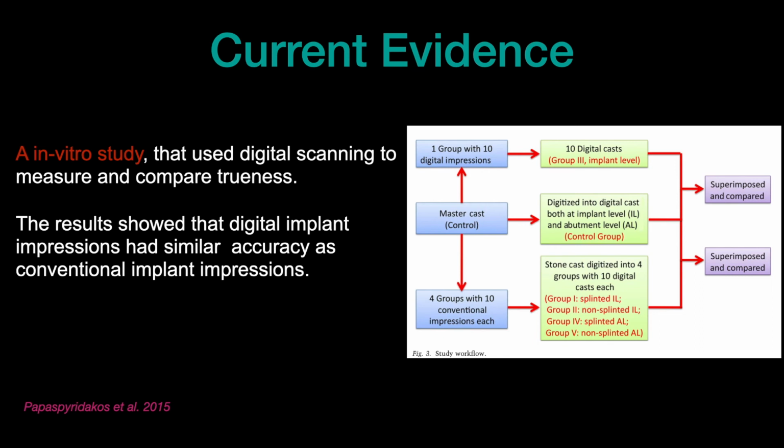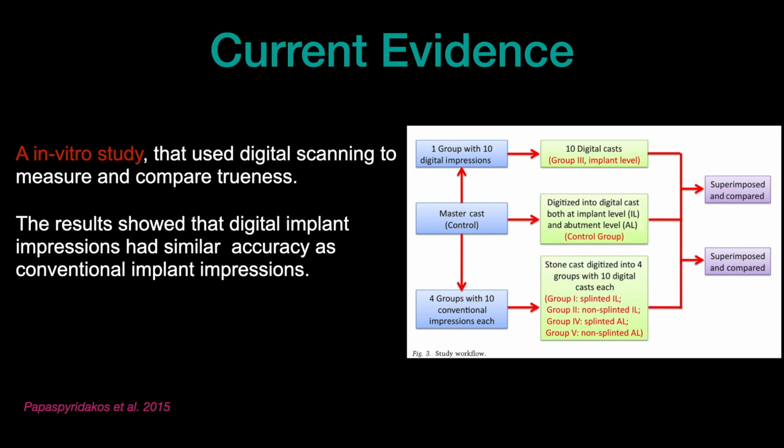I only chose two for the purpose of this lecture, one in vitro study and one in vivo or clinical study. In this in vitro study, they used digital scanning to measure and compare trueness. They used a master cast, which was digitized, and 10 digital impressions and 10 conventional impressions, and they superimposed them to compare trueness.